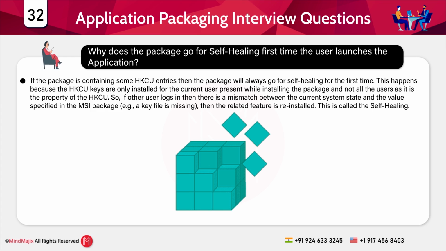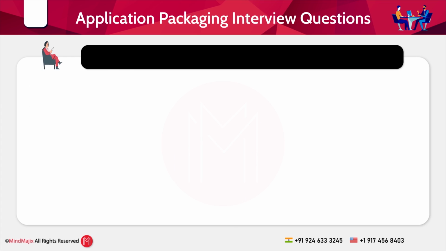And thus when another user logs in, the user will be able to see the application just like the normal user who installed it. This is the concept of active setup, and active setup is required if the application is not advertised, or the application has a user related profile, or if the application has an HKCU hive.